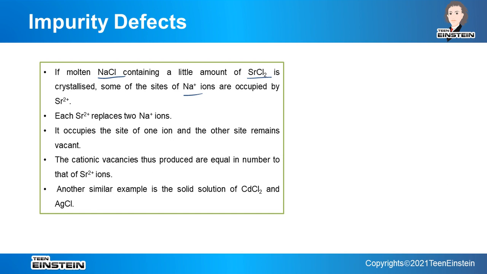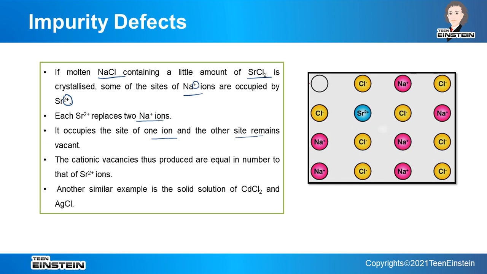Now strontium's positive charge is 2+, but sodium is only single plus. So what should be the case? Sr2+ must replace 2 sodium ions to maintain the same charge. So it occupies the site of one ion and the other site will remain vacant. So look at this picture.